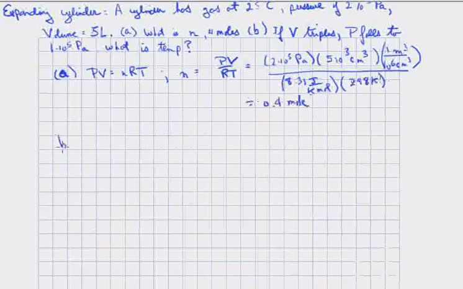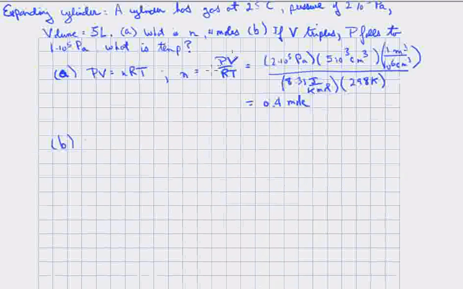Okay, B. We're tripling volume and pressure is falling to 1 times 10 to the 5th. And since N remains constant, PV over RT is going to remain constant.